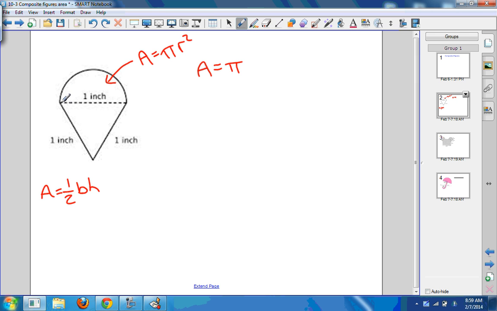The radius here is going to equal half our diameter. Looks like the diameter here is equal to 1 inch. So our radius is going to equal 1/2, and we're going to square that. So if we take this area and then divide it by 2, we should get the area of our half circle here.